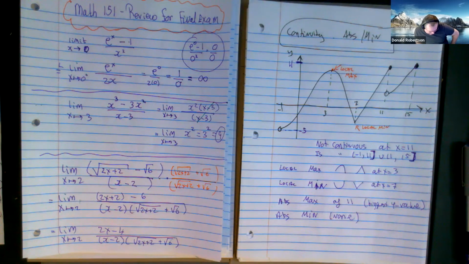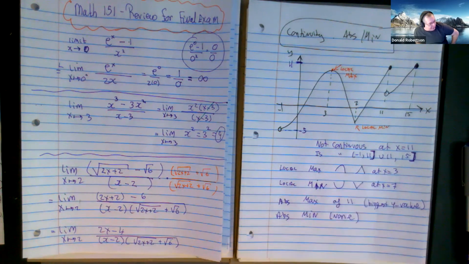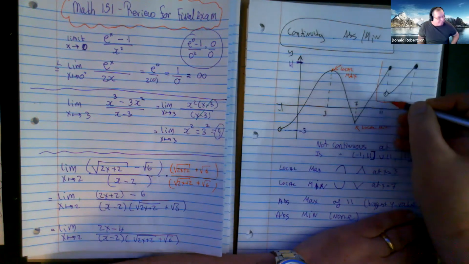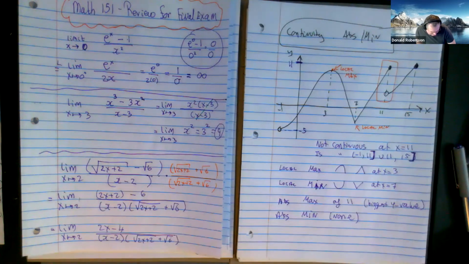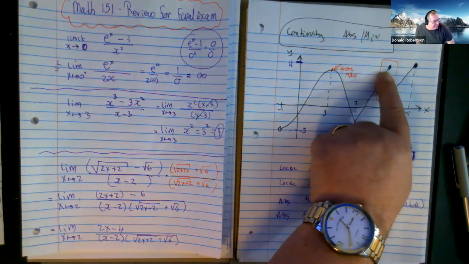However, as you have experienced in WebAssign and other places, there is another school of thought that says local max and mins don't need to be hills or valleys. They just need to be a place where the function is higher than anybody around it. So if you look at this weird fella, would you agree that at that point there, it's higher than anybody else around?